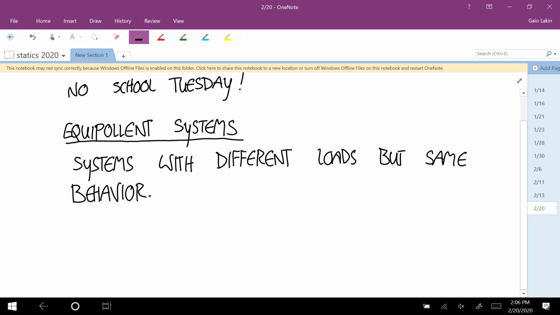And it turns out that with rigid bodies, there are a lot of times that replacing one set of loads with another set of loads makes your calculations easier.